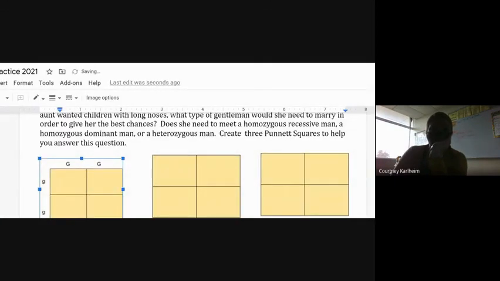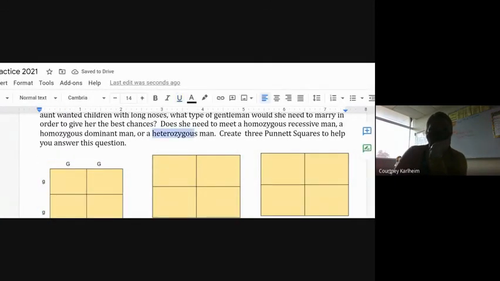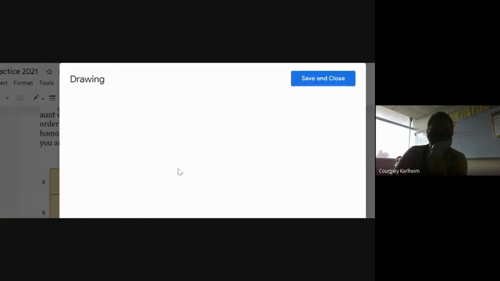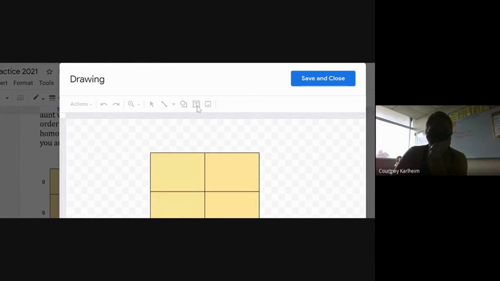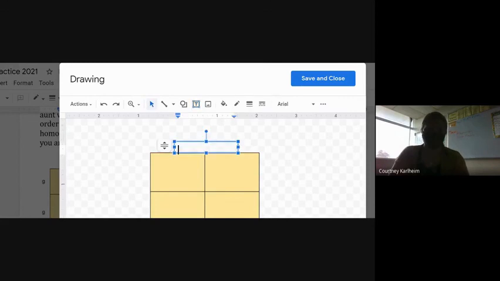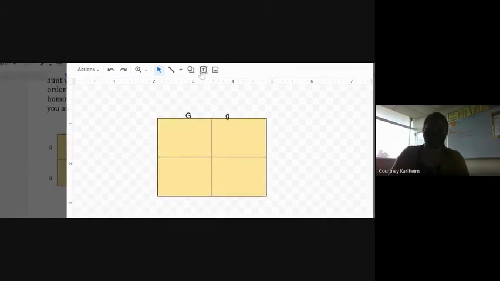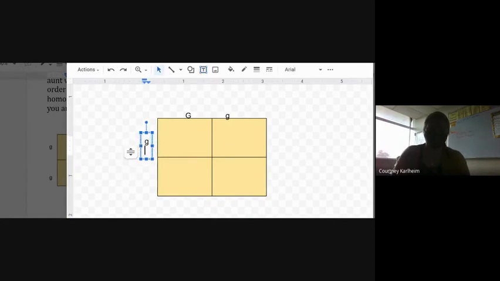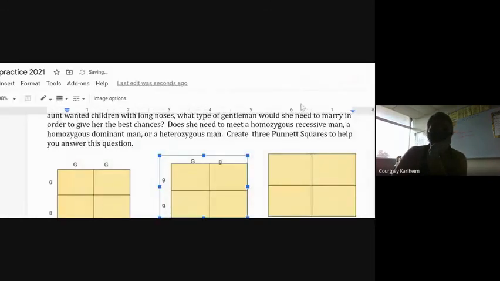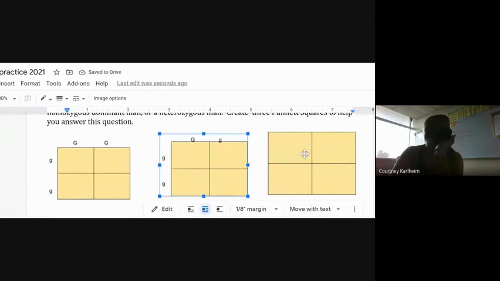All right, the other option was a heterozygous male. So 1 of each. And then the last option was also 2 small g's.